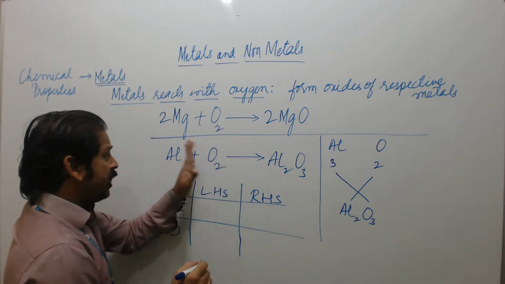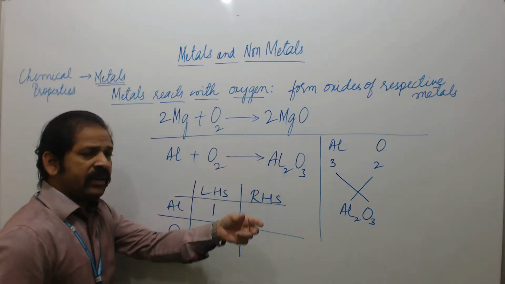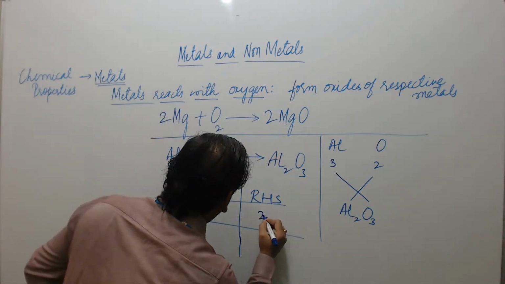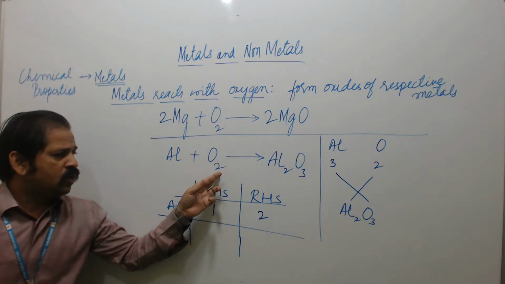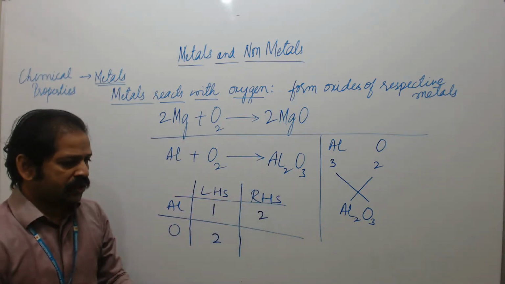Left hand side, before the reaction, we have one aluminium; right side we have two aluminium. Left side we have two oxygen; right side we have three oxygen.